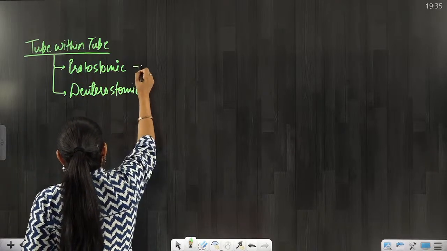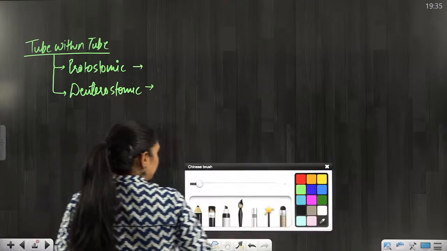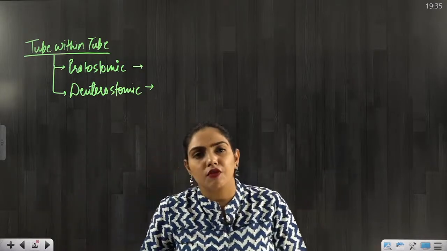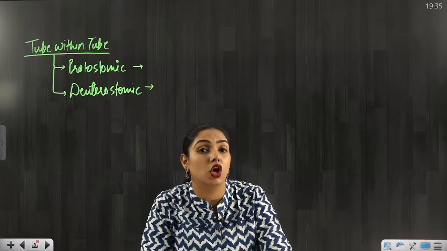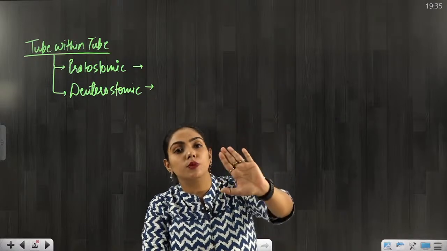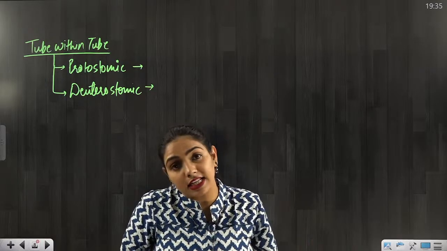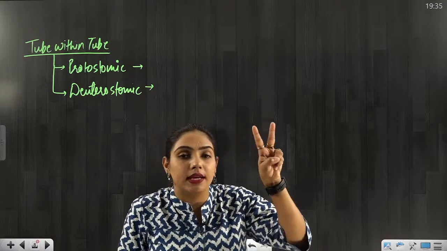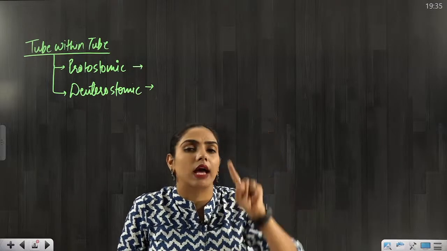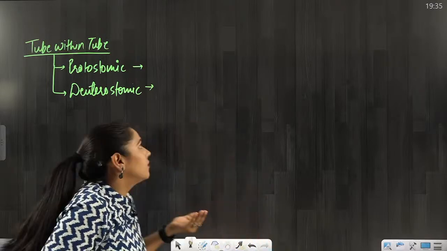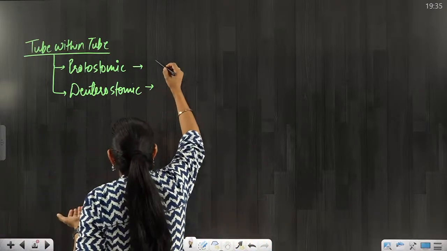All the rest of the phylums from Aschelminthes till Chordata have the tube within tube body plan. That means they have a complete digestive system. They have two openings in their alimentary canal, mouth as well as anus. Depending upon which opening has formed first, we say protostomic and deuterostomic.